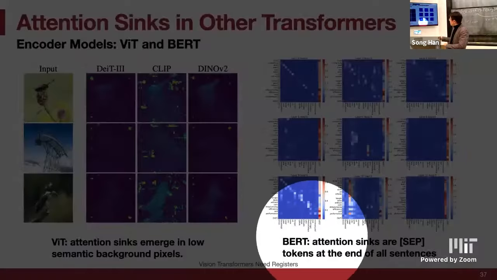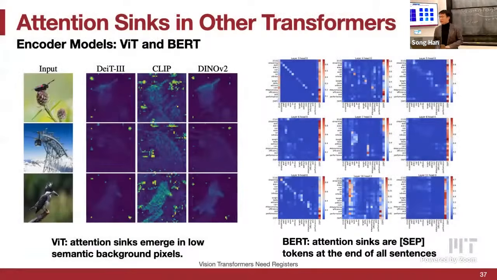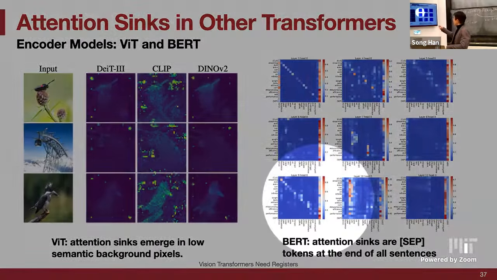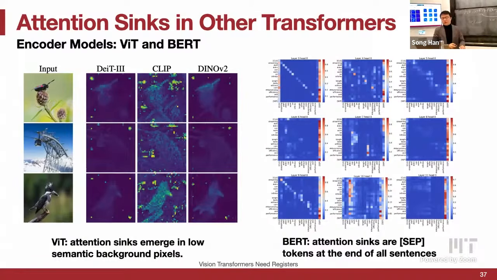And similarly for the BERT model, the bidirectional BERT model, attention sinks are those separator tokens at the end of all the sentences. Like in the end right here, it's very red. So ViT and BERT models, those encoder models, also have attention sinks.